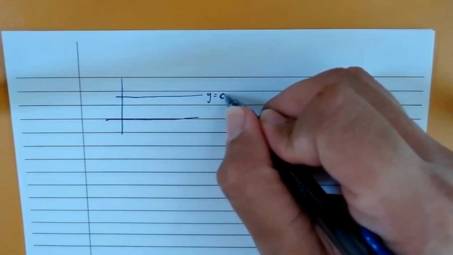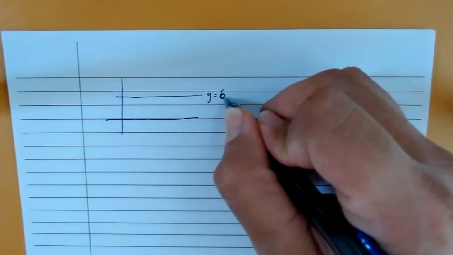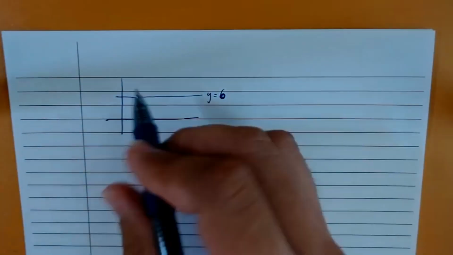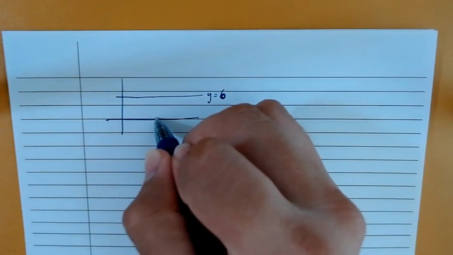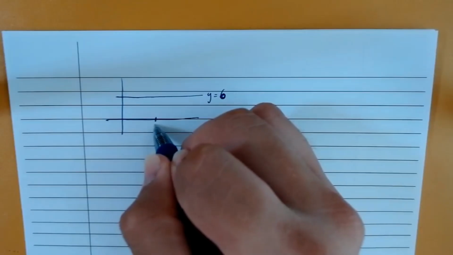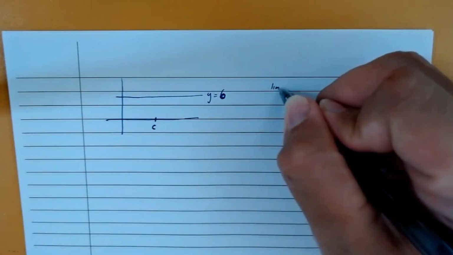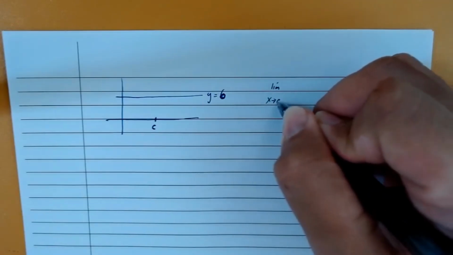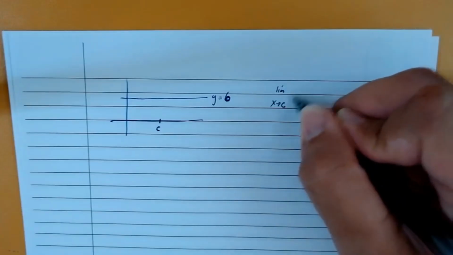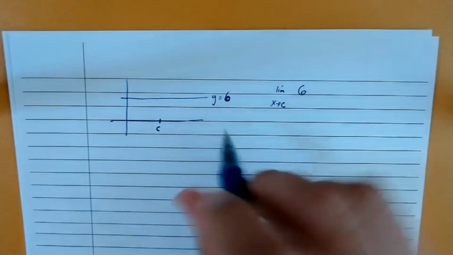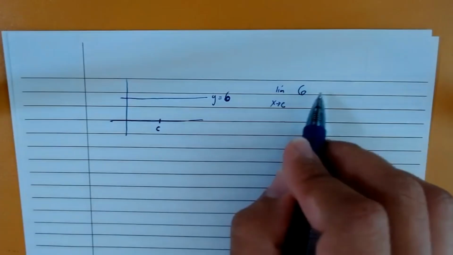Here let's be specific. Let's say that's just the number 6. Now, let's say I wanted to take the limit as x approaches some number, and here I'll call that c. So what is the limit as x approaches c of my function, which is just the constant y equals 6?